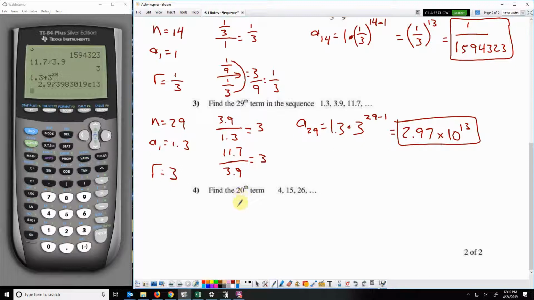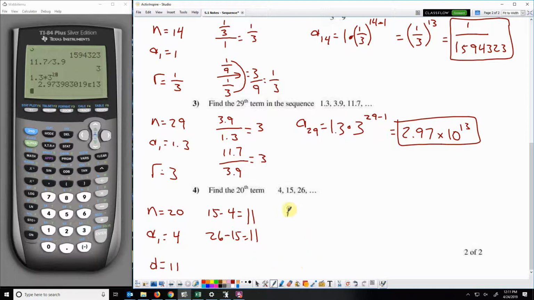And then find the 20th term. So n is 20. For this sequence where the first term, a1, is 4, it looks like a common difference to me. 15 minus 4 is 11, 26 minus 15 is also 11, so it's got a common difference of 11.